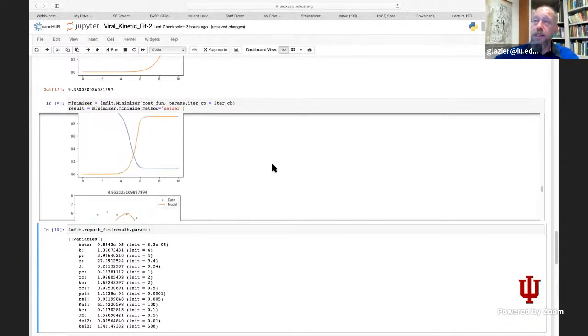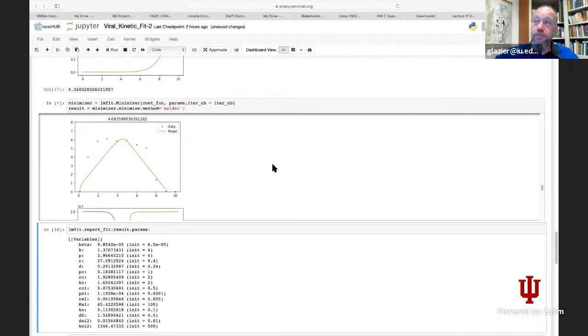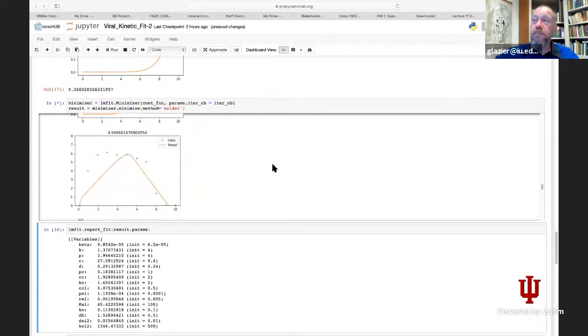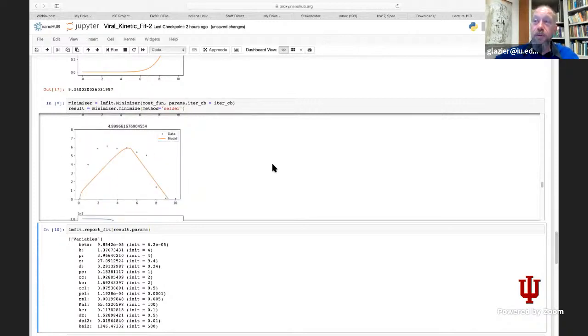But in my case, yeah, it's not. If you look at what you've got, in your case, it's given up on trying to keep the cells from dying. It's gone back to a situation where all the cells die.